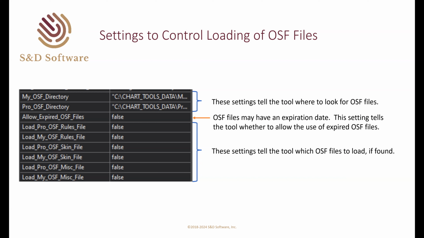And then you can tell the tool which directory to look in for the OSF files that it should actually be using. And you can have separate directories for personal OSF files and project OSF files. Although the way the names are set up, they won't conflict, but it's usually convenient to keep them separate.